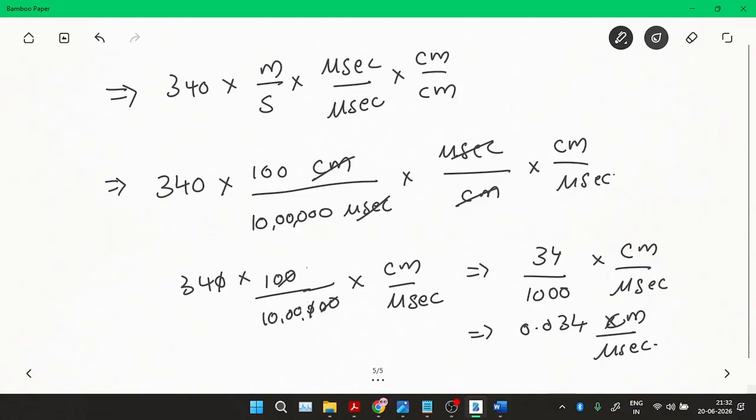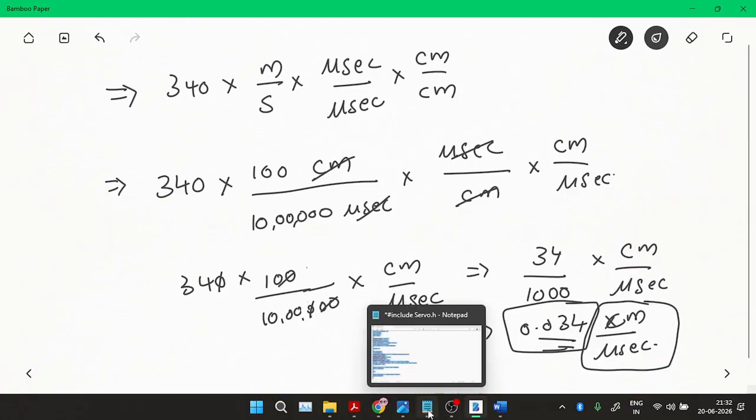Now, if you want to know the speed of sound in centimeters per microsecond, that's 0.034. So keep in mind this value. We are going to use it in the program.